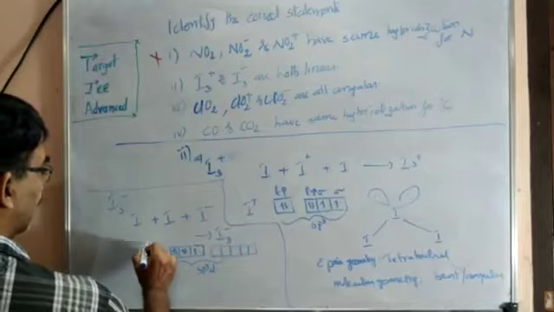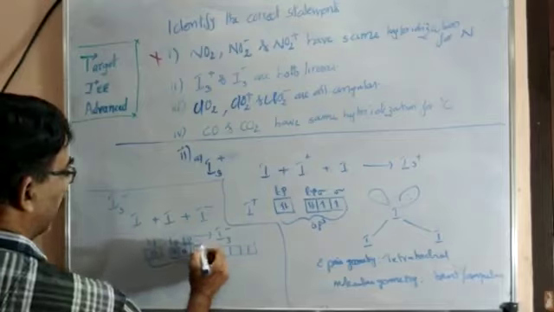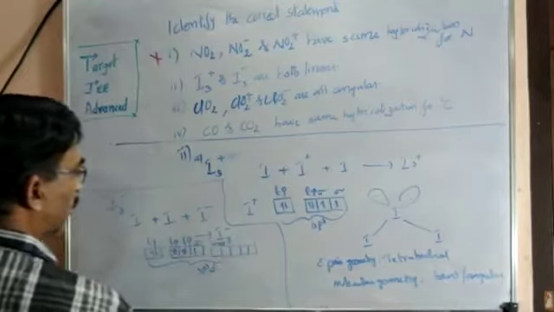So in the final structure, this will be lone pair, this will be lone pair, this will be lone pair. This will be forming a sigma bond, and this will be a coordinate bond.